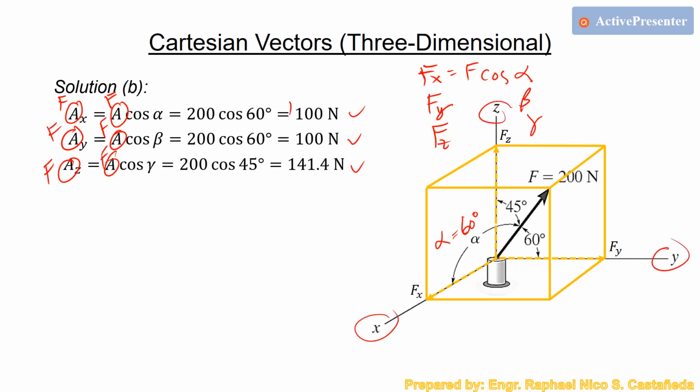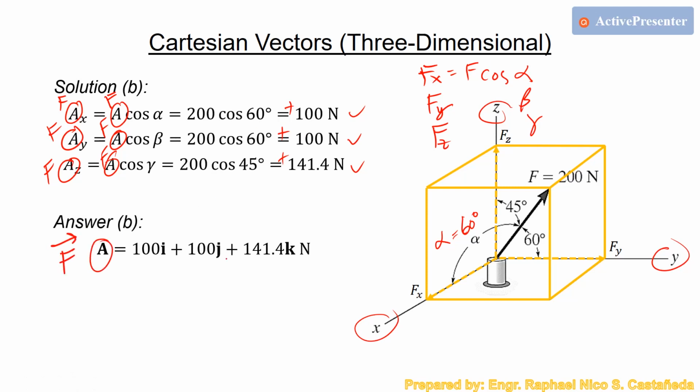So therefore, all of them are positive values. So if you write that in vector form, so basically this is F in vector form, you just substitute it here: fx i plus fy j plus fz k. So this one will be the answer.